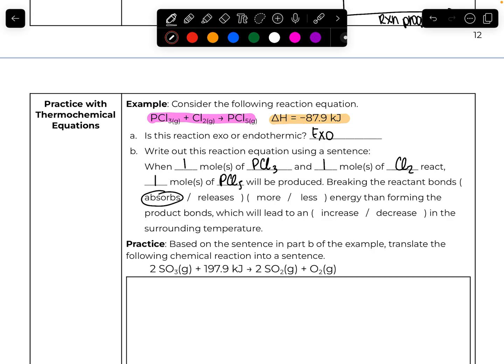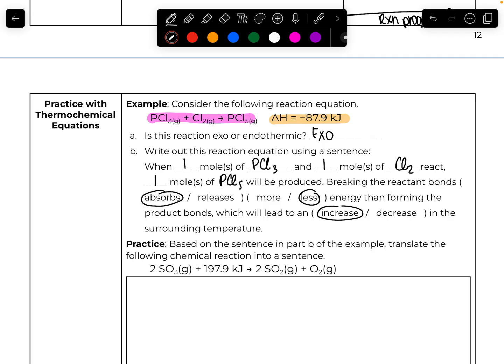More energy is released. So breaking the reactant bonds will absorb less energy than the energy we get out when our product bonds form. If we carried out this reaction, what would happen to the temperature of the surrounding area? Well, if the reaction is resulting in a net release of energy, the surroundings will absorb that energy, increasing their temperature.